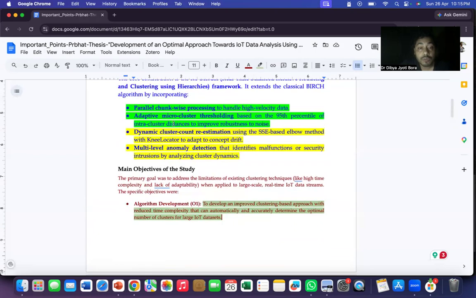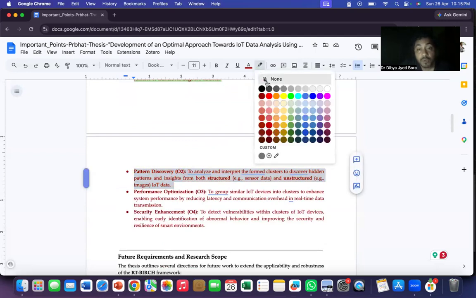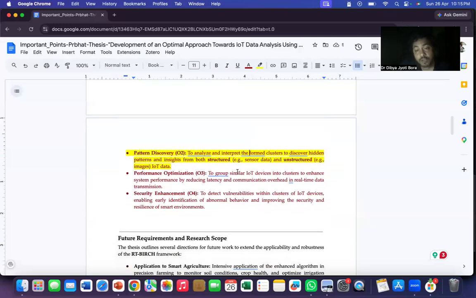And that we did through parallel chunk-wise processing, thread-based, right? Then pattern recovery, that is objective two: to analyze and interpret the formed clusters to discover hidden patterns and insight from both structured, that is sensor data, and unstructured, that is images of IoT data. Okay, so that is the pattern analysis part.